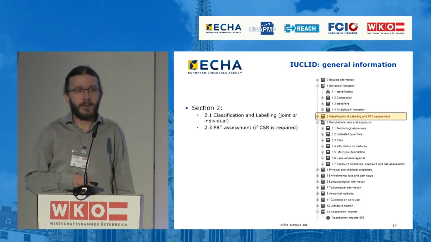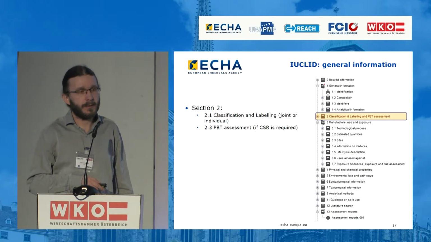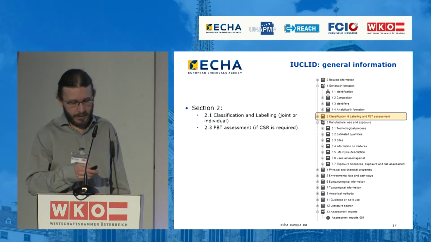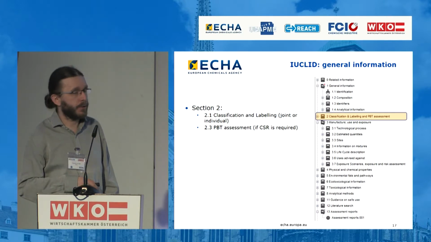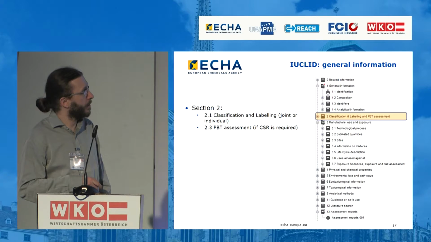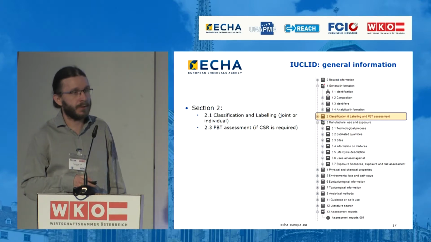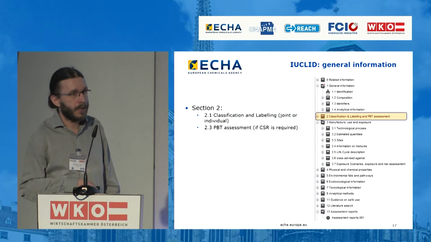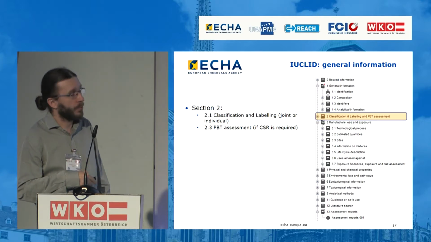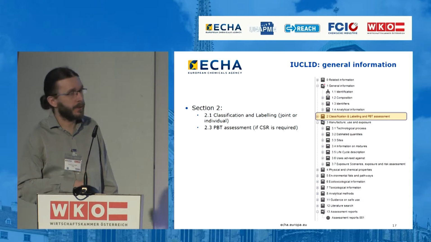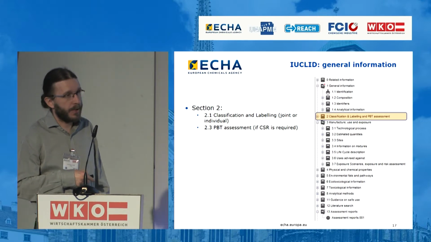Then section 2, classification, labeling, and PBT assessment. Usually this is the information that is provided by the lead. If the lead of a joint submission is providing the chemical safety report on behalf of all the members, then the PBT assessment will be only in the lead dossier. The same for the classification and labeling.